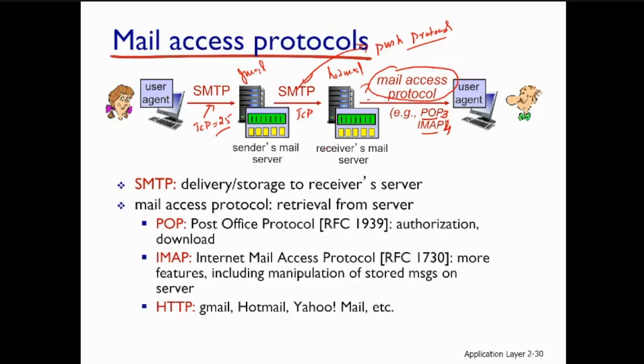So this mail access protocol is important, because once SMTP delivers the message from Alice's mail server to Bob's email server, that is Hotmail, the message is placed in Bob's mailbox. And it's important to see how it is extracted. It is extracted using the mail access protocol.